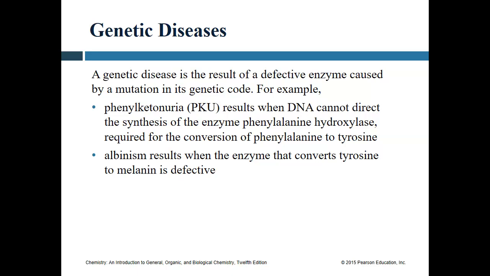Phenylketonuria, PKU, happens when DNA cannot direct the synthesis of phenylalanine hydroxylase, the enzyme that converts phenylalanine to tyrosine. And albinism takes place when the enzyme that converts tyrosine into melanin becomes defective.